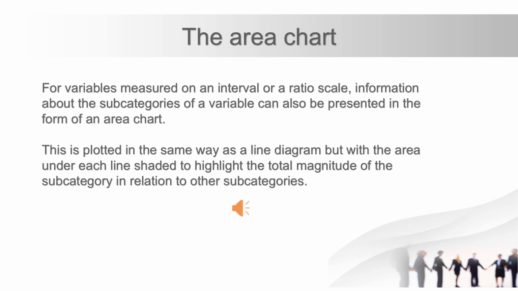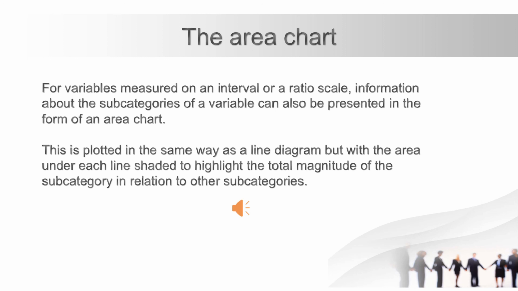Another type is what we know as the area chart. For variables measured on an interval or a ratio scale, information about the subcategories of a variable can also be presented in the form of an area chart. This is plotted in the same way as a line diagram, but with the area under each line shaded to highlight the total magnitude of the subcategory in relation to other subcategories.